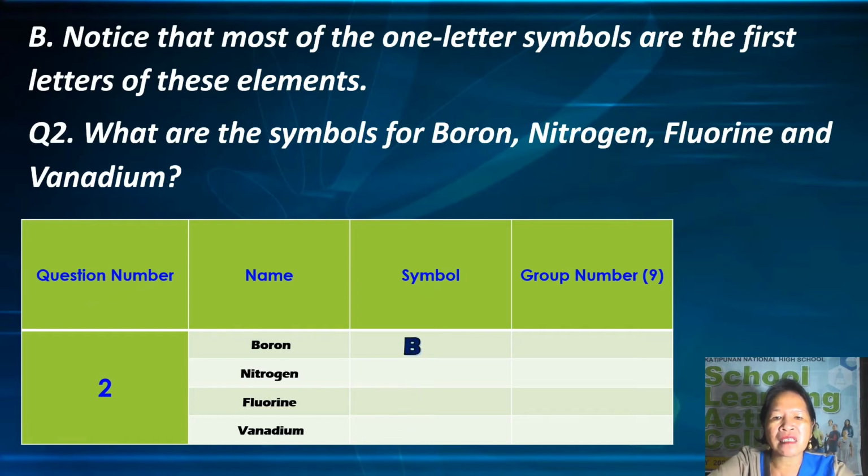It is a 1-letter symbol, capital B. How about nitrogen? Still a 1-letter symbol, capital N. Fluorine, it is capital F. And vanadium, it is capital V.